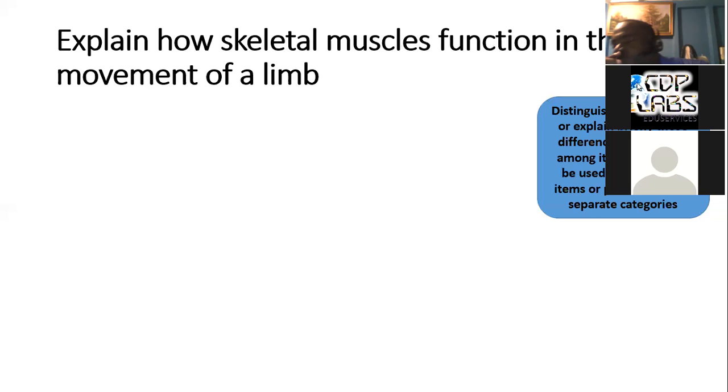What word is that? One word you can use when you speak about the skeletal muscles' function in the movement of a limb. Come on, one single word.